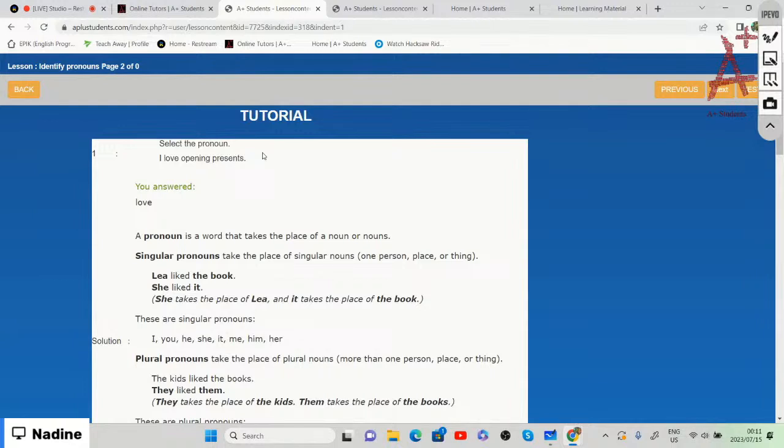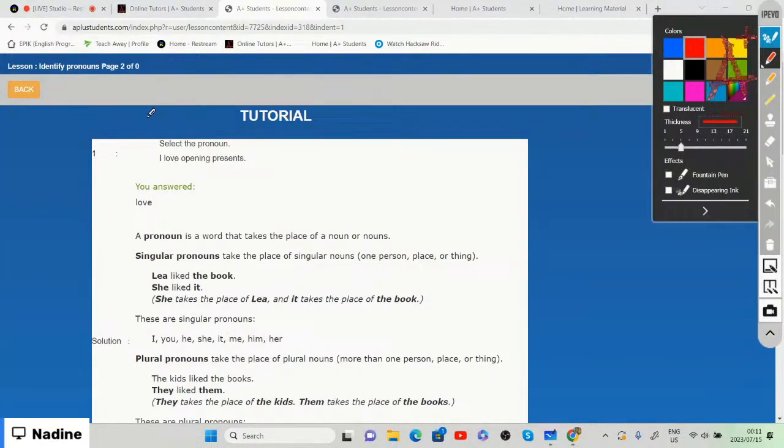All right, so if we were to choose the pronoun, then we would say it is I, right? So I is the pronoun basically, and it refers to a singular pronoun.